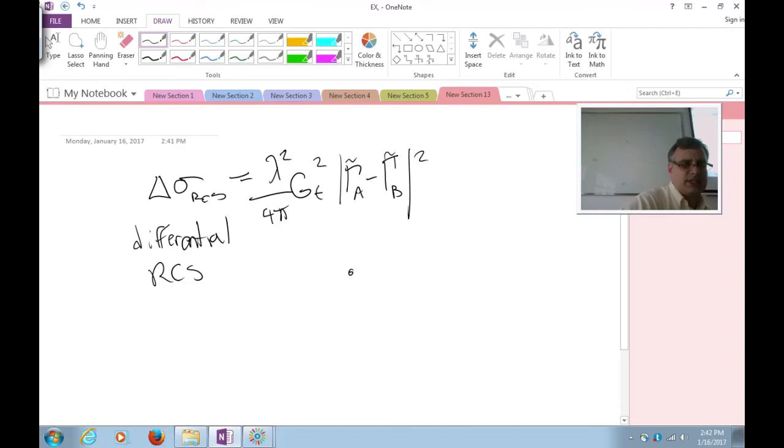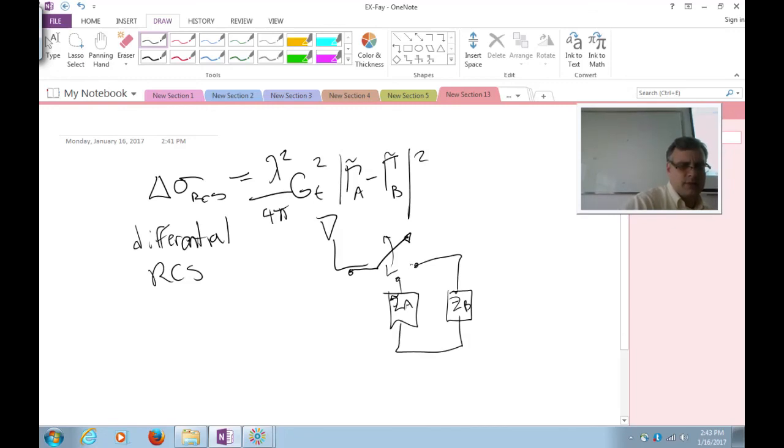So in this case, think of it as I have an antenna, and I've got two terminals, two loads, Z sub A and Z sub B. And I just connect back and forth to each one.